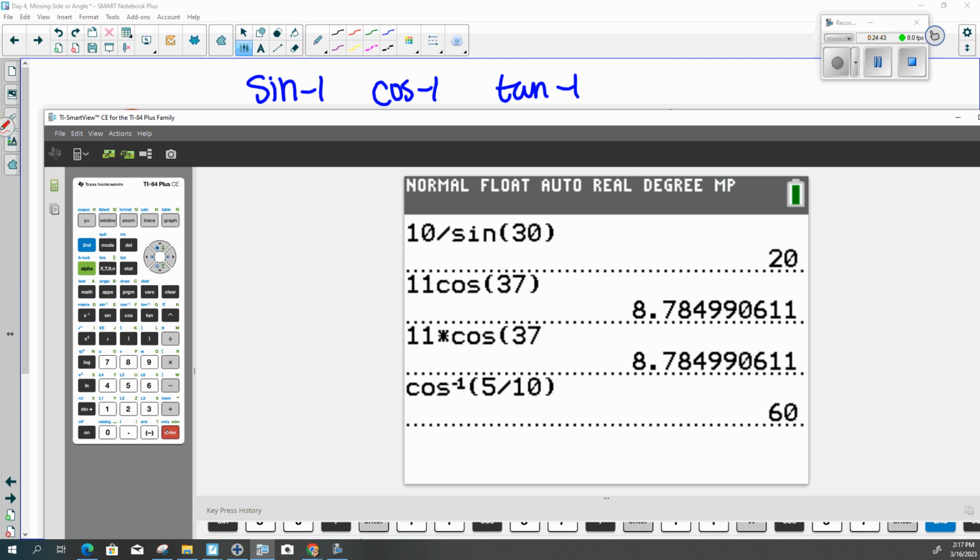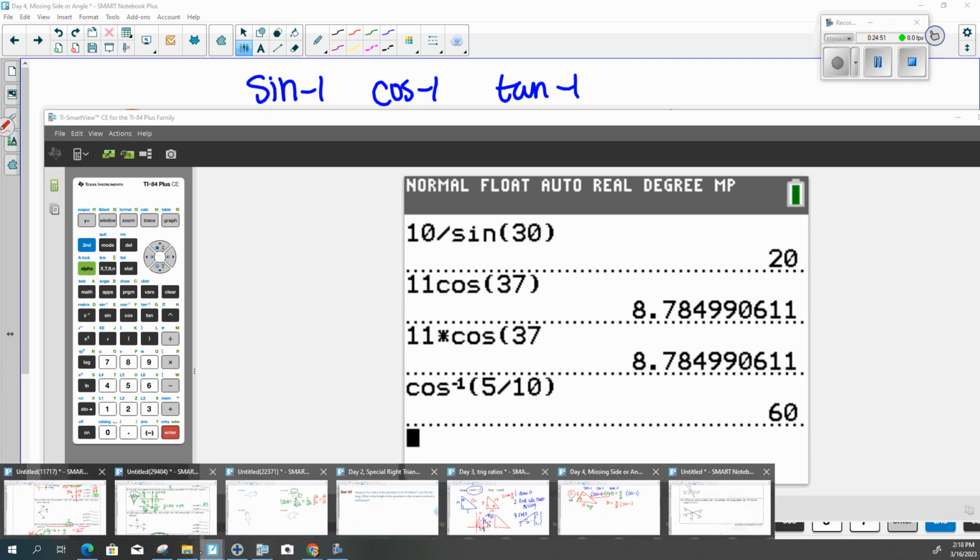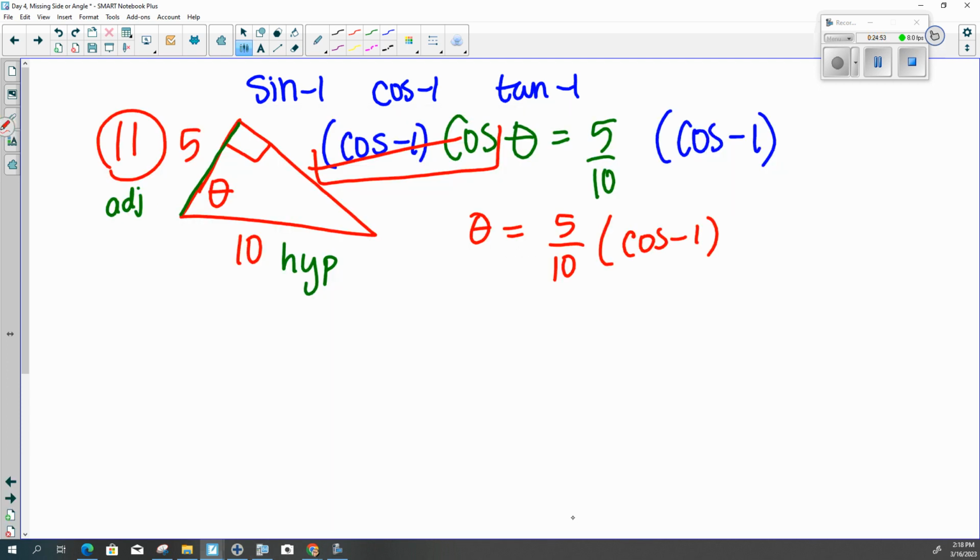Which makes sense with the 5 and the 10, huh? Yes, theta is the angle. So the angle in this picture, theta, the angle is 60. Is that what I said? I already forgot. Did you say 60? Oh, 30.